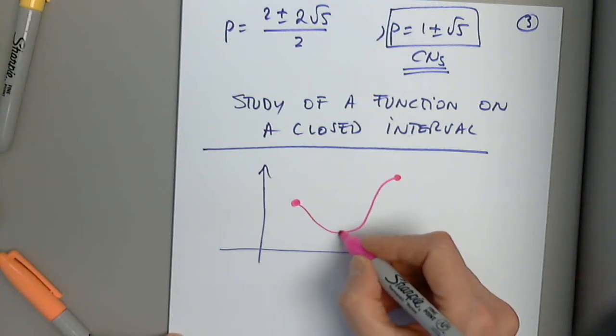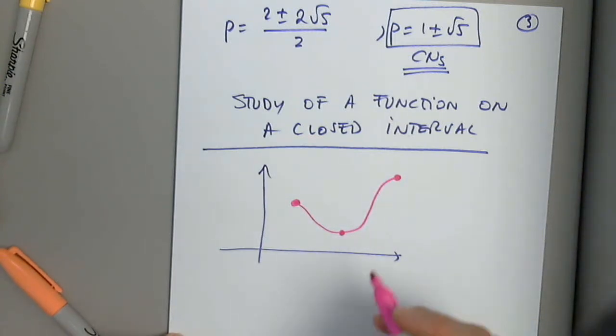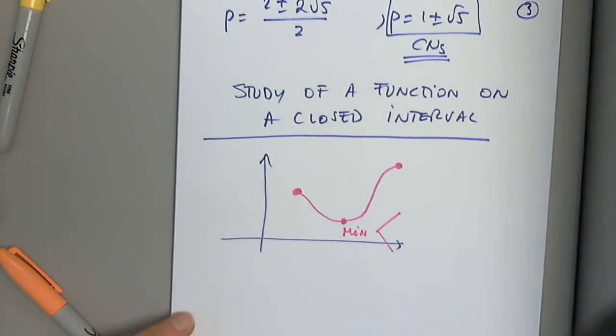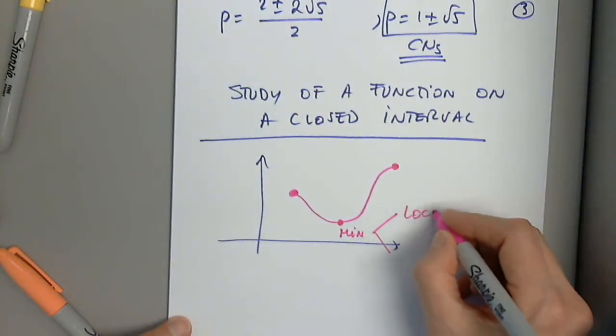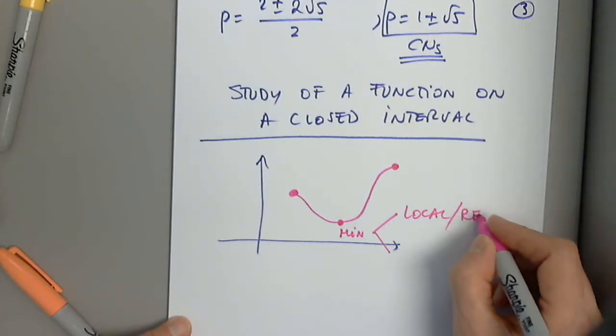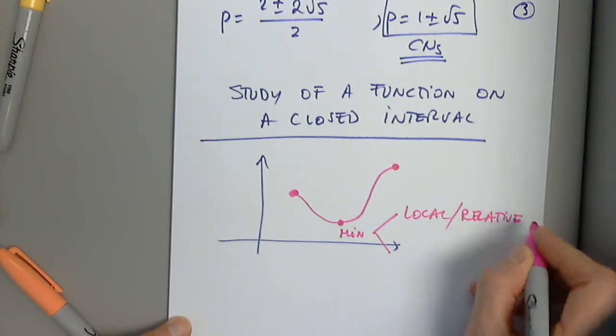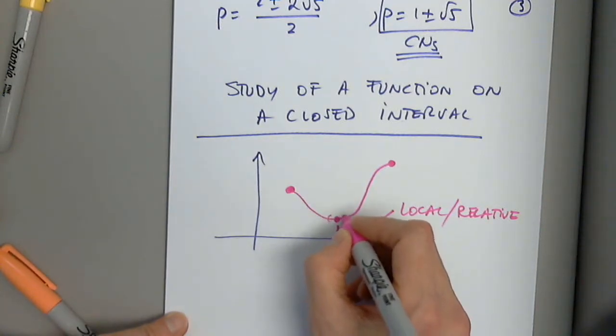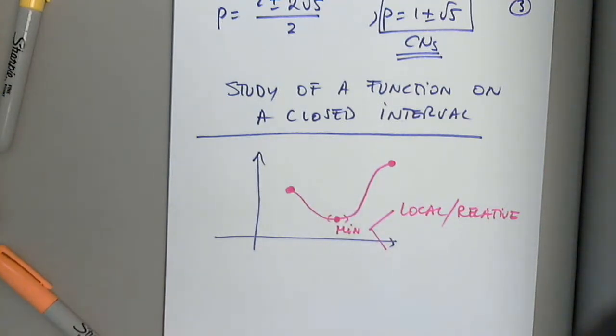Obviously, there is a minimum here, right? That's a minimum. It represents, in this case, two different types. One which is local, or also called relative. Local or relative. Because I can show an open interval around it where all function values are bigger.